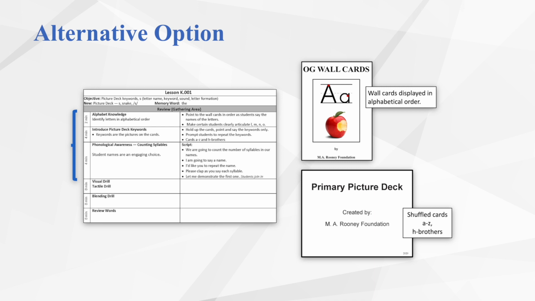So if introducing a whole lesson on the first day of school seems too much for you, then just deliver the portions of the lesson in the bracket. This will at least establish a set time for OG and introduce a portion of the skills and procedures to students. Then the next day or two, you can deliver Lesson K.001 in its entirety.